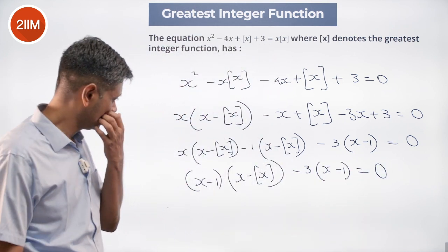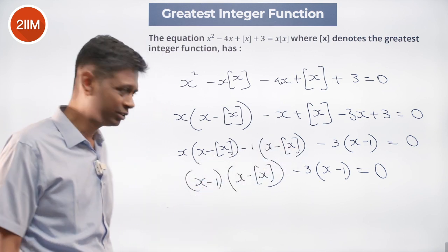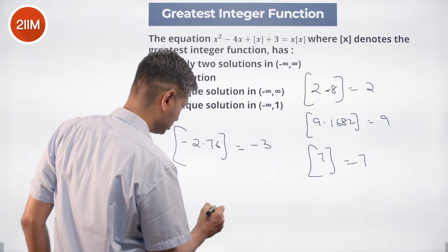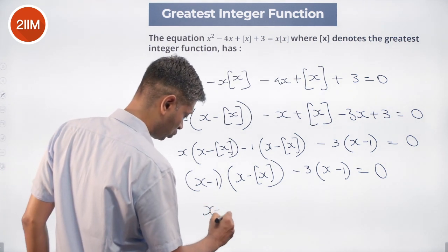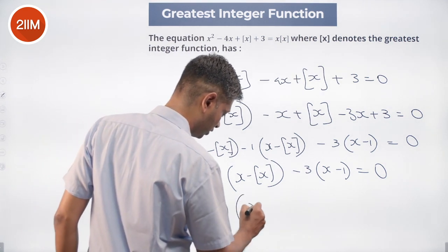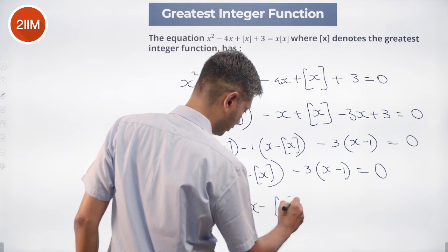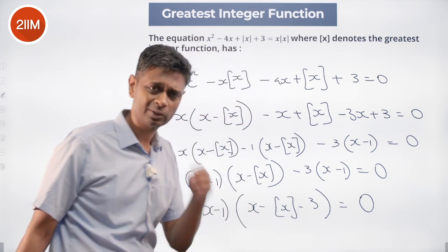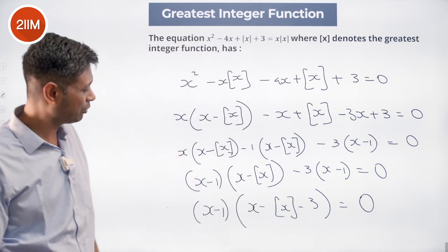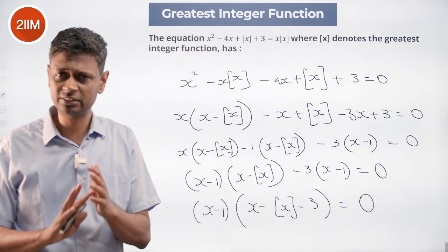Nice. Again, an x minus 1 is common. I'll take out an x minus 1 common. Say x minus 1 into x minus greatest integer of x minus 3 equal to 0. Nice, brilliant. So we have nicely factorized this rather brilliantly.